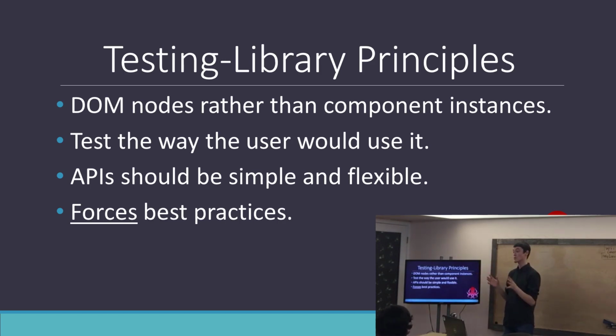You're testing what is actually on the DOM, what is actually rendering, versus mocking things. When you're testing component instances, you're mocking certain things and making certain assumptions, rather than testing DOM nodes where you aren't making any assumptions. This is what is actually sent to the user, and what the user actually sees.